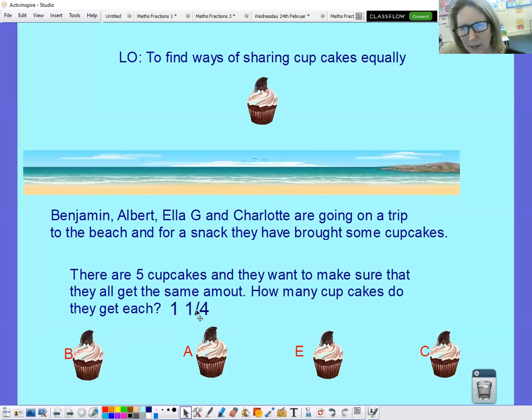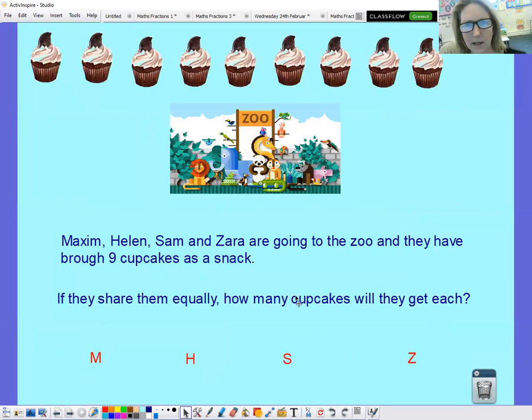Let's have a look at another question. Here, Maxim, Helen, Sam and Zara are going to the zoo, and they have brought 9 cupcakes as a snack. If they share them equally, how many cupcakes will they each get?